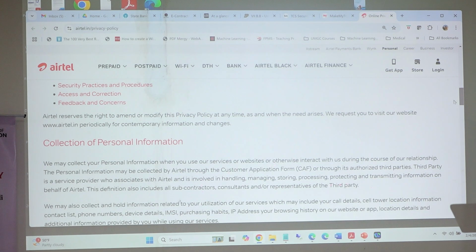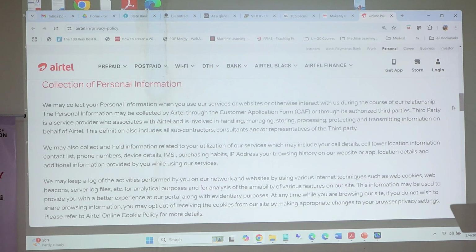They collect through our services, website, and when you interact with them, like filling up a form. And they also track the log of all the activities that you perform on the network.